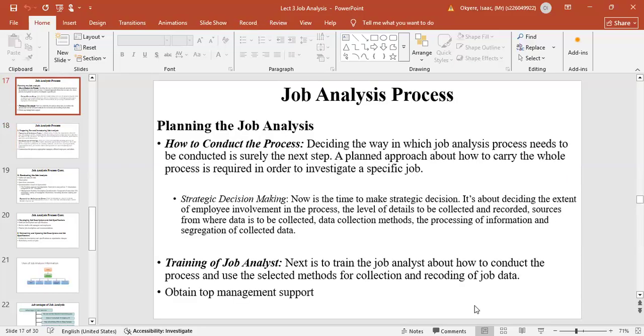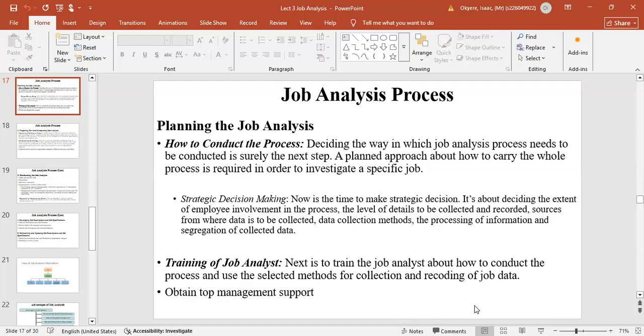What are some of the things that we do in the planning process? Before you can perform job analysis, you need to study the job. You need to plan very well.